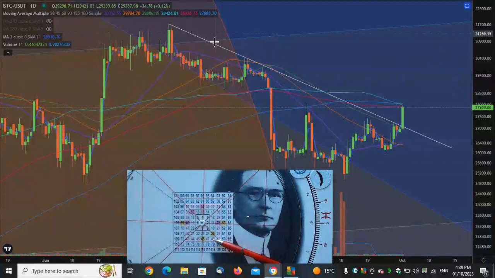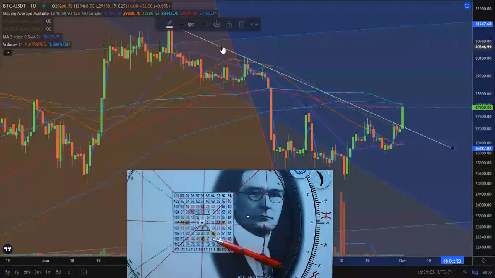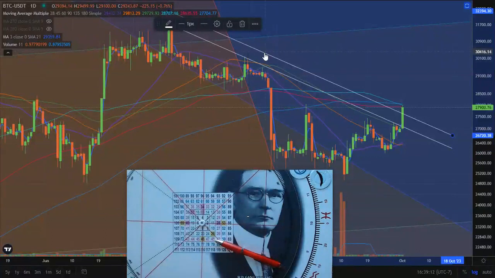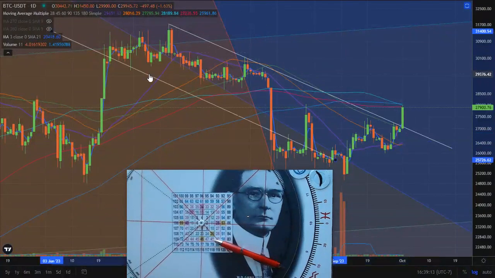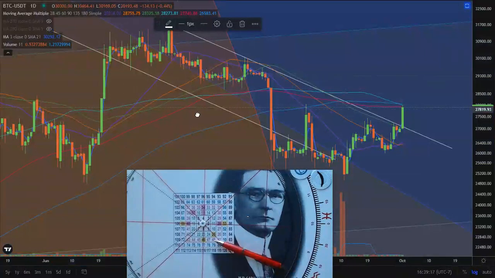And this angle right here, if we just go ahead and we take this angle and we clone it, you'll see that it's the same as our other top.